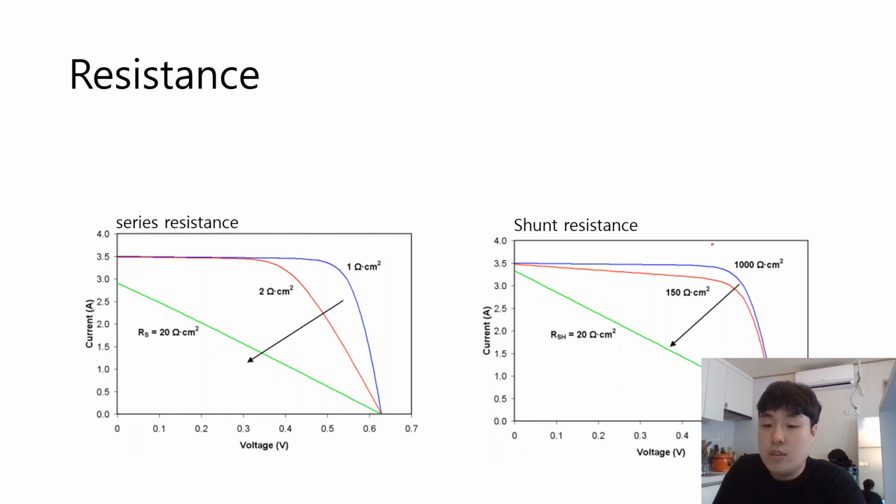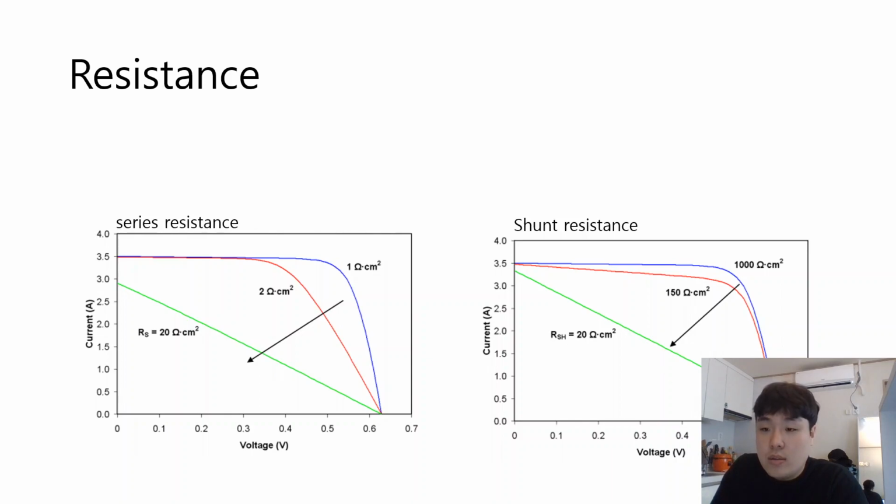This resistance comes from when we produce the solar cell, there is a defect made, and that defect makes the shunt resistance.